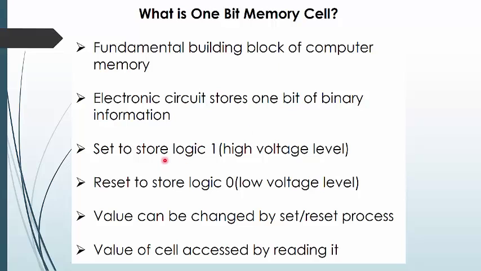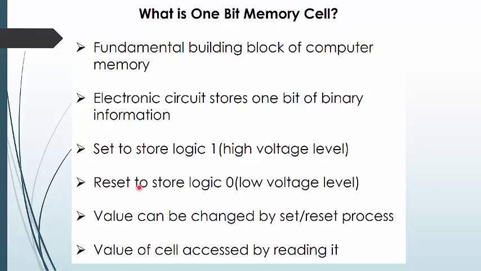Generally, this information will be either logic 1, which is indicated by the high voltage level, and this is said to be a memory cell's set state. While logic 0, which is represented by the low voltage level, is said to be the reset state for that memory cell.